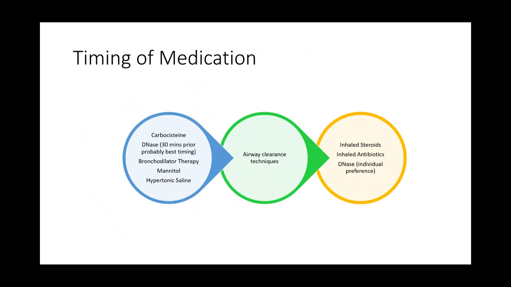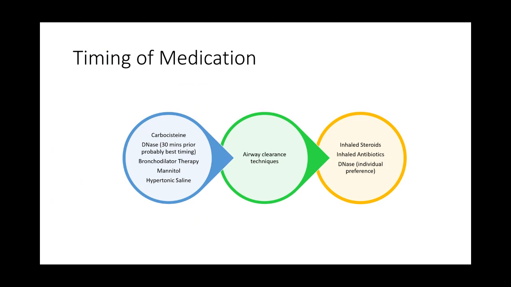Prior to doing that, though, I just put this slide in to be mindful that there are medications that are taken before and after airway clearance techniques, and we want to ensure that they're in the right order so that we can clear secretions effectively. There is no point in trying to clear mucus in an obstructed lung that's got huge amounts of bronchoconstriction because the patient has forgotten, for example, to take their bronchodilators.